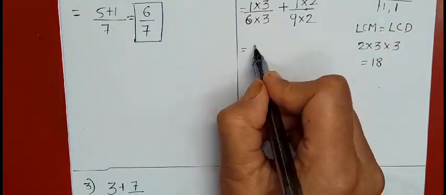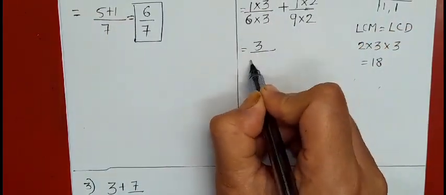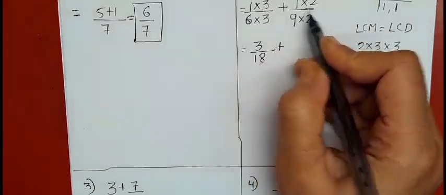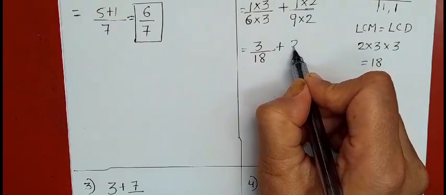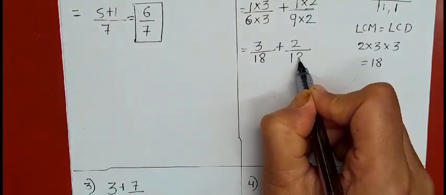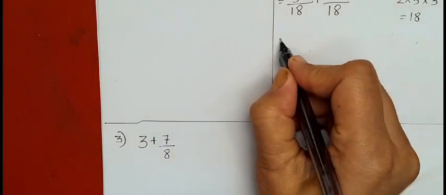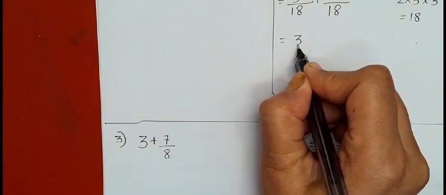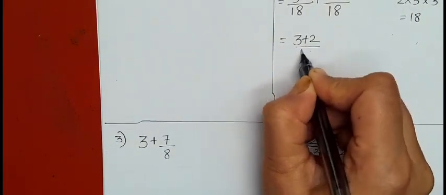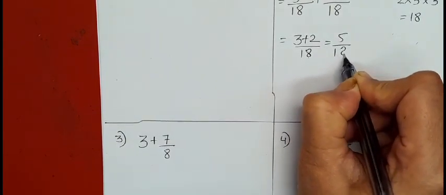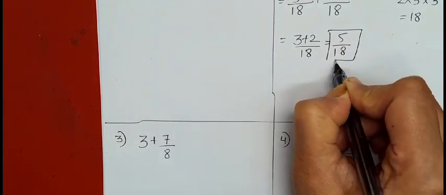So here we get 1 times 3 is 3, 6 times 3 is 18. 3 over 18 plus 1 times 2 is 2, 9 times 2 is 18. So as the denominators are equal, we can add the numerators as 3 plus 2 over 18, which equals 5 over 18, which is the solution.